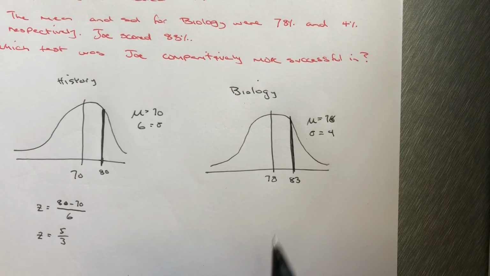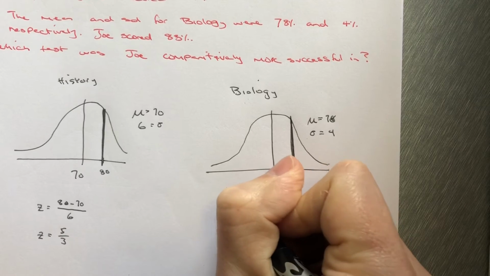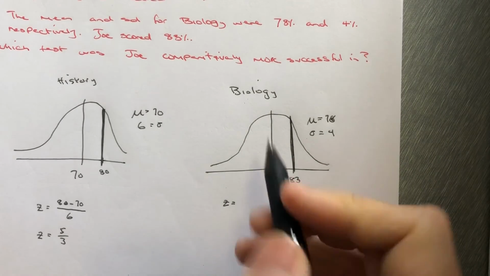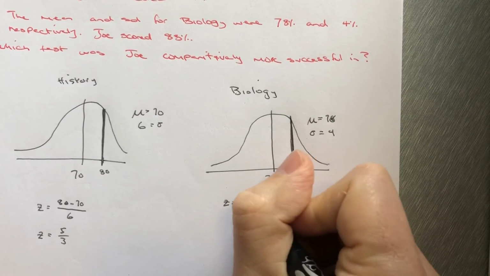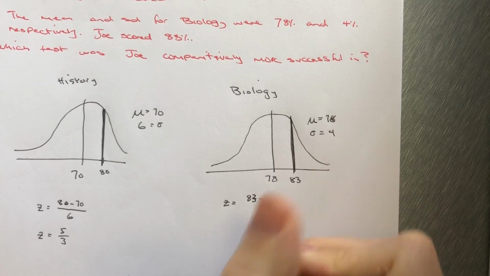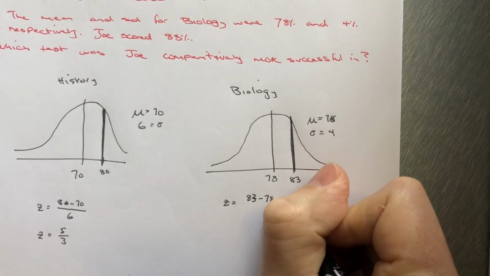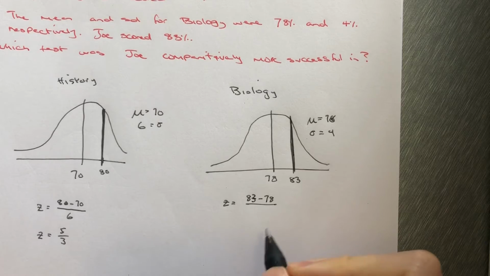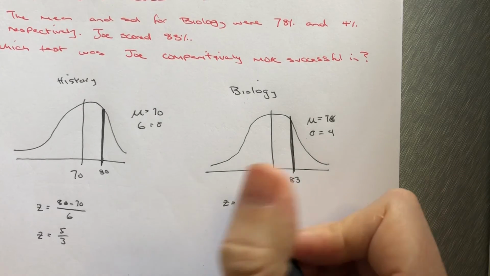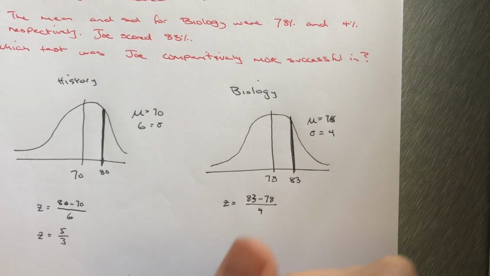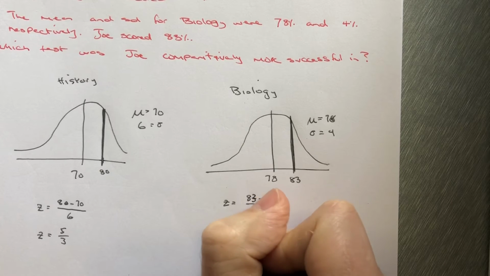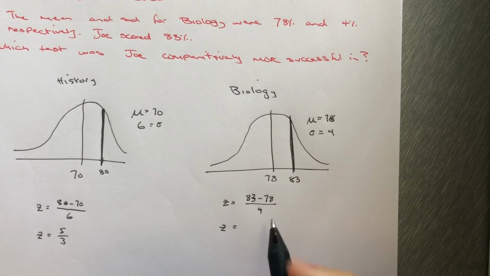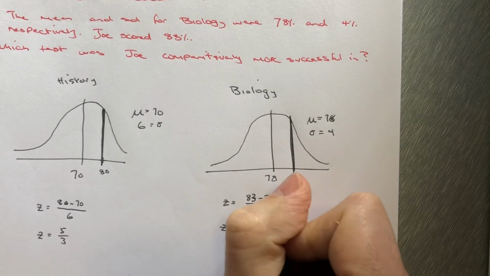Now let's work out what the Z score is. We need our X value, which is 83, take away our mean, which is 78, divided by our standard deviation, which is 4. So the Z is going to be 5 on 4.